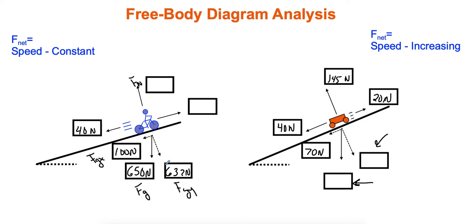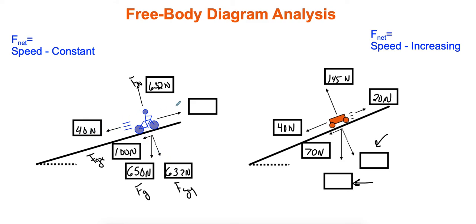Now the normal force is going to be balanced with that vertical component of gravity, because if it weren't, this guy would be either sinking through the ramp or floating off into space. So this one is going to be 632 newtons because it's balanced with that y component of gravity. Now we don't really need to use those two, we just need that one.